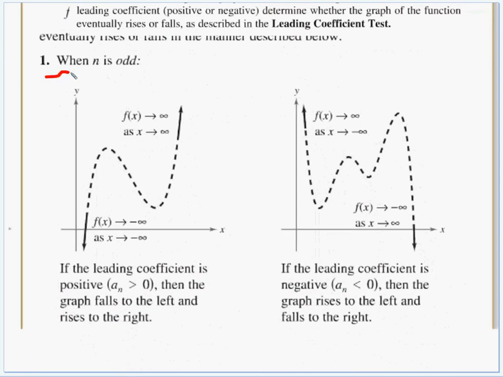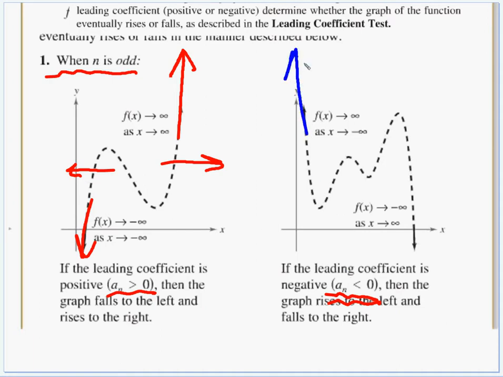When the exponent is odd and the leading coefficient a sub n is positive, greater than 0, it's going to rise to the right and fall to the left. But if the leading coefficient is less than 0, that's going to reverse. Let me switch to blue ink. If our leading coefficient is negative, it's going to rise to the left and fall to the right.